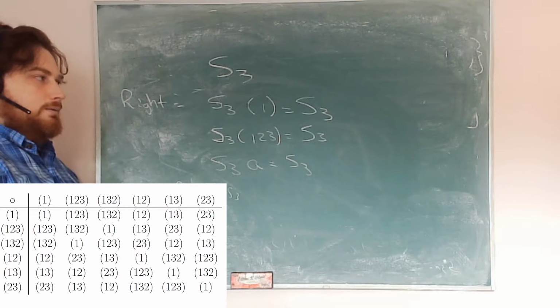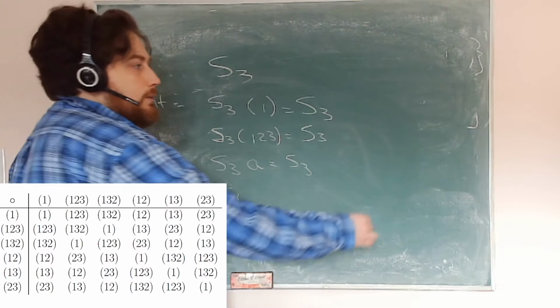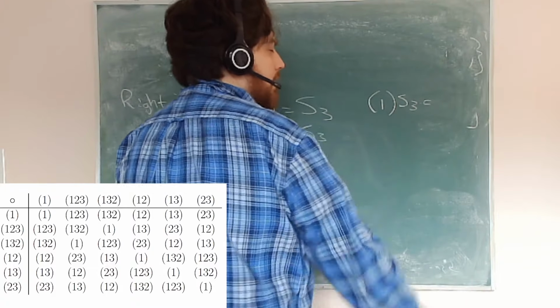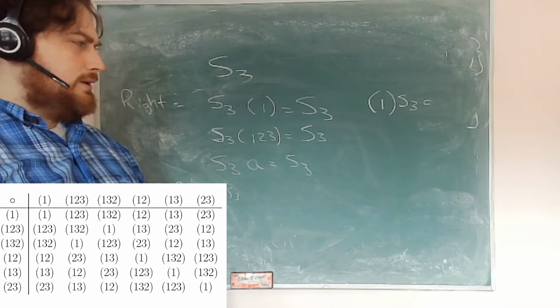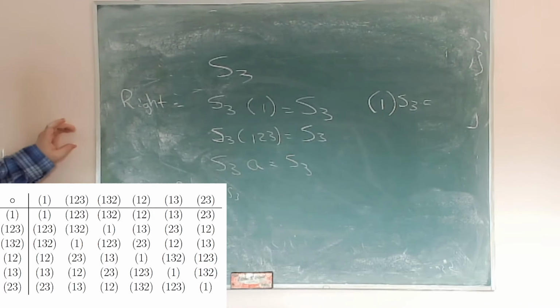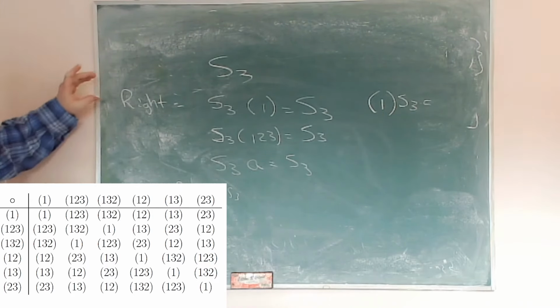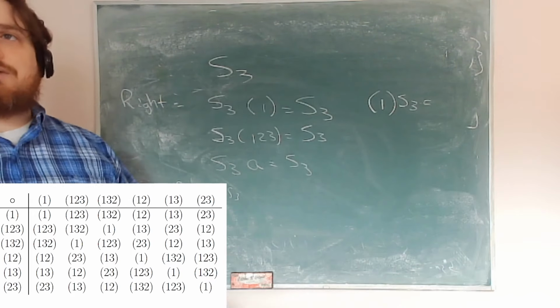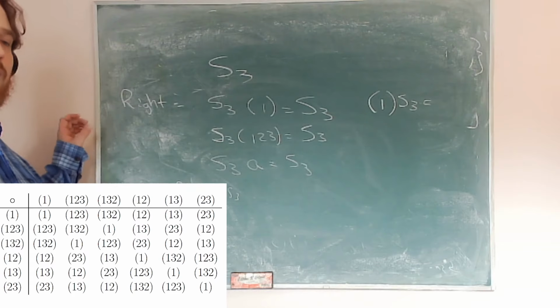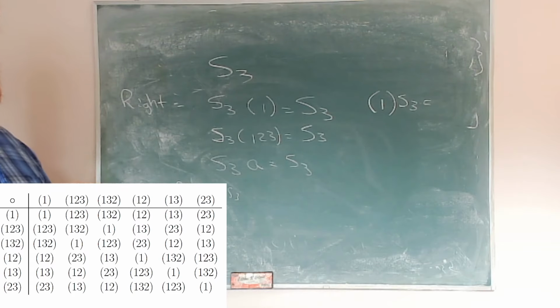All right, what would the left cosets look like? Well, they'd be all the sets of the form 1 S3. This time the 1 is on the left, and we're multiplying by all of the things in S3, so we're actually reading off the first row. The first row of our Cayley table is 1, (1 2 3), (1 3 2), (1 2), (1 3), (2 3).